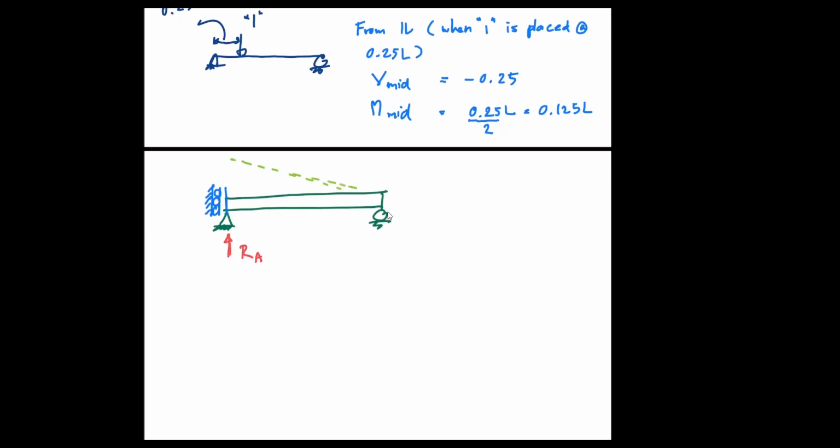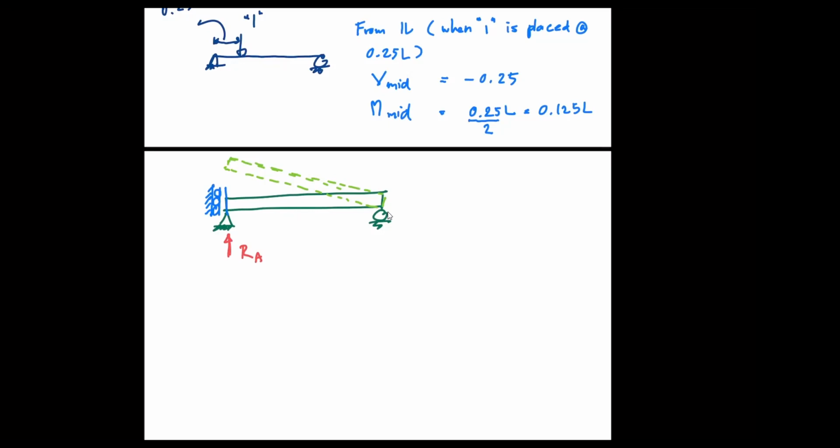Oops. You see, because now RA moves freely in its own direction, which is the Y direction. So your beam now, when you allow this to happen, it means that your beam becomes unstable, you know.